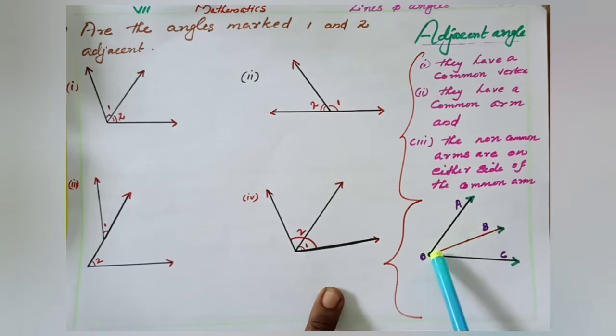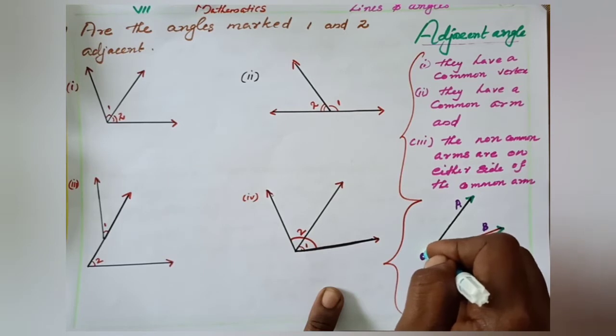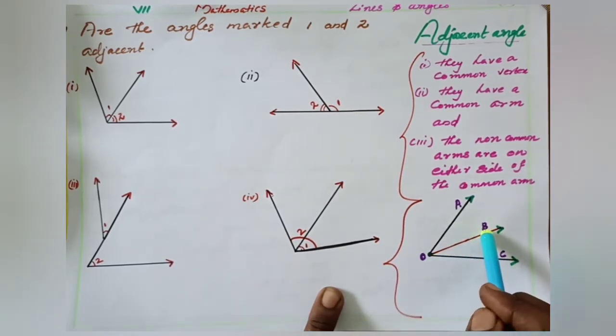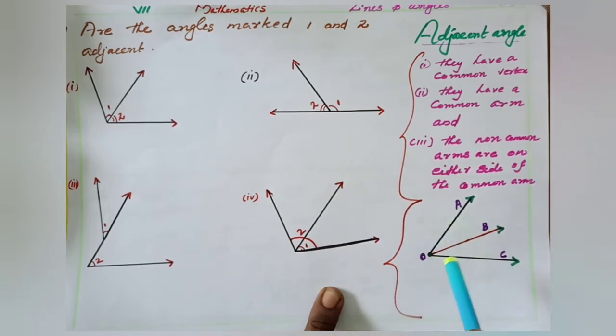OB is the common arm and O is the common vertex. OA and OC are the non-common arms, either side of the common arm.